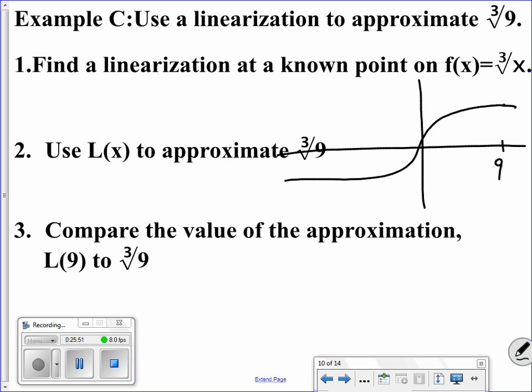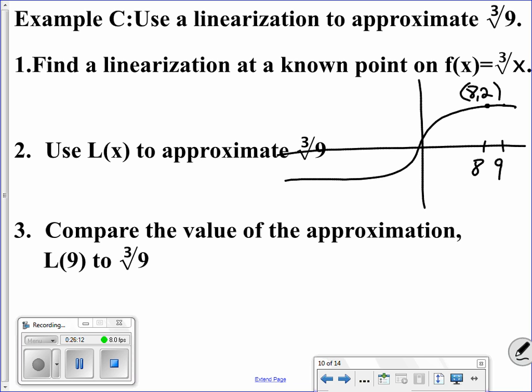But is there a value near 9 whose y coordinate on this graph I know? 8. So doesn't it make sense that I would want to draw the tangent line when x is 8? Because at 8 we know the y coordinate. What is the cube root of 8? 2.